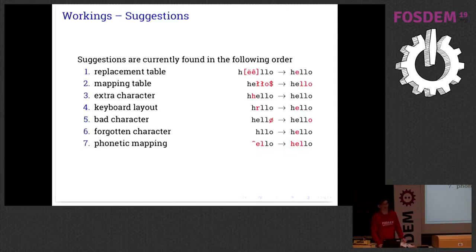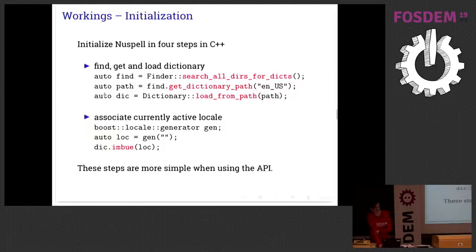If you want to do that yourself, use our library. It's fairly easy. This is in C++. This is what you need to do in order to initialize Nuspell. The first step searches your system, any system, Linux, Mac OS, Windows, for where your dictionaries are installed.